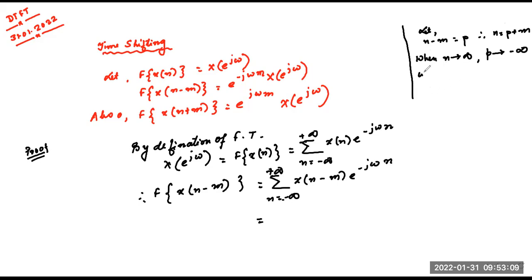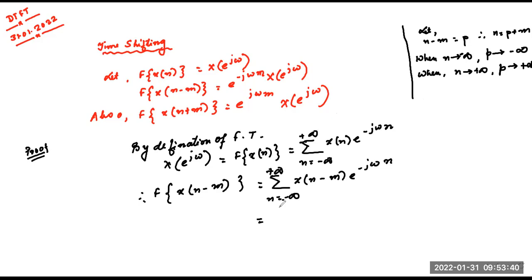Now when n tends to plus infinity, p tends to plus infinity. There will be no change in the limit.